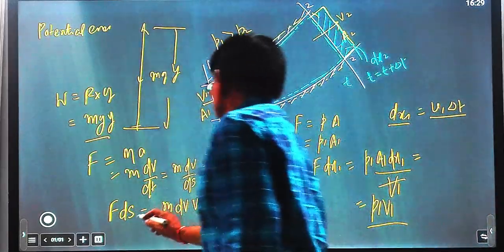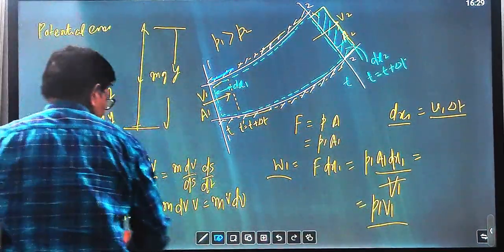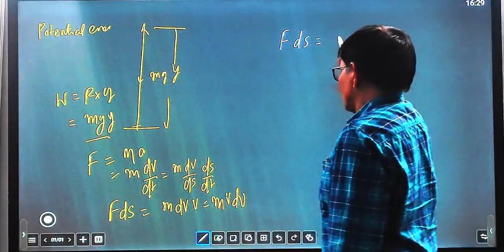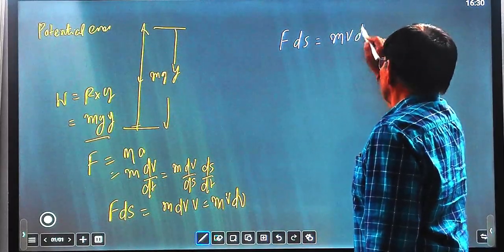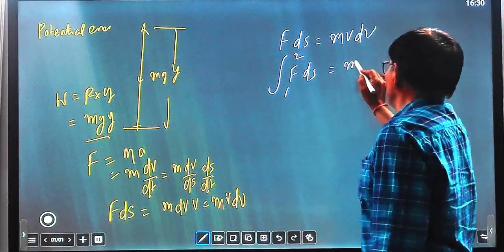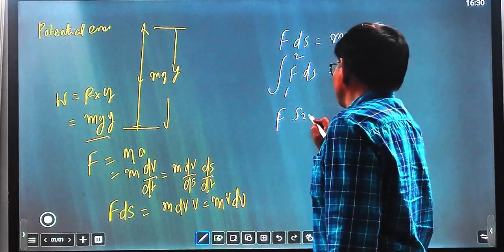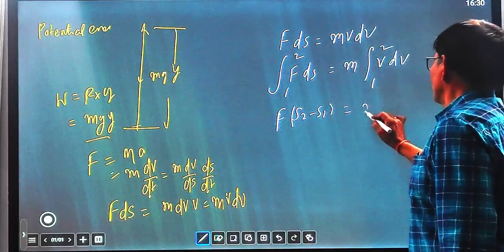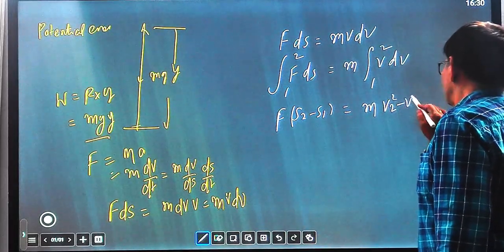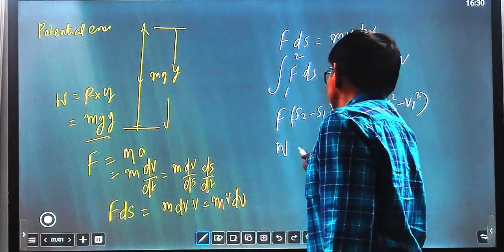If we integrate this, F ds equal to mv dv, integrating from 1 to 2. That gives F (s2 minus s1) equal to m (v2 square minus v1 square) by 2. So that is the work done.